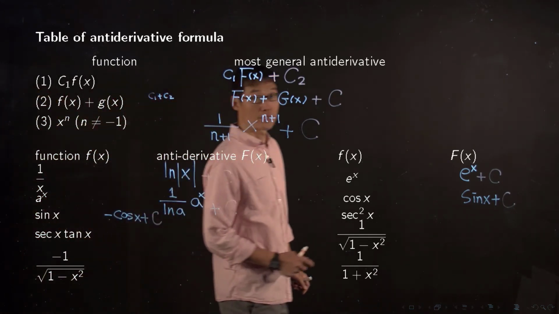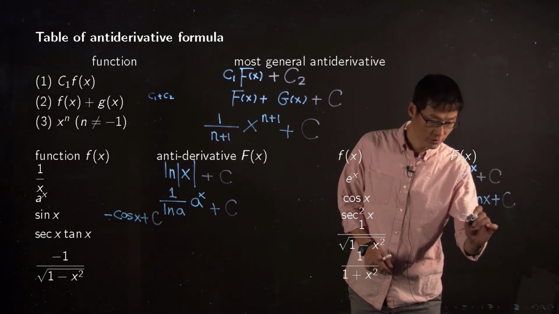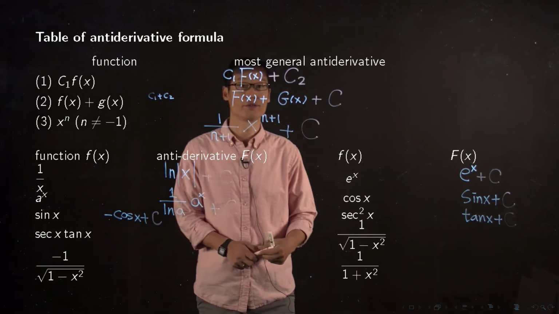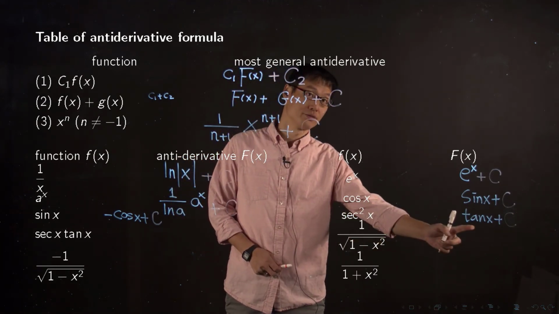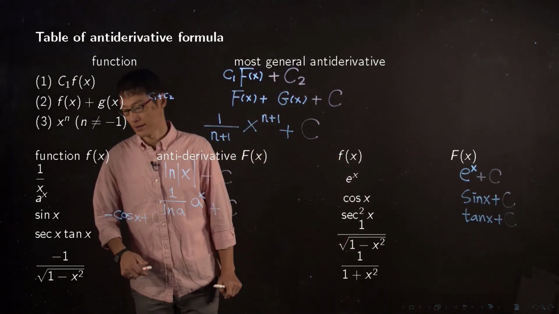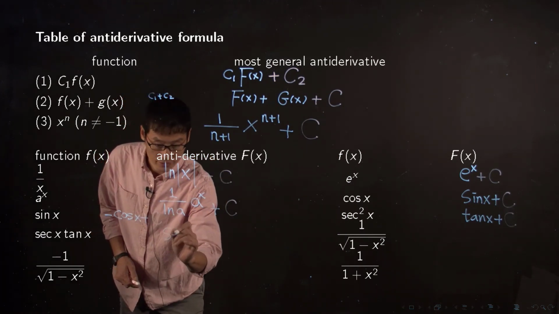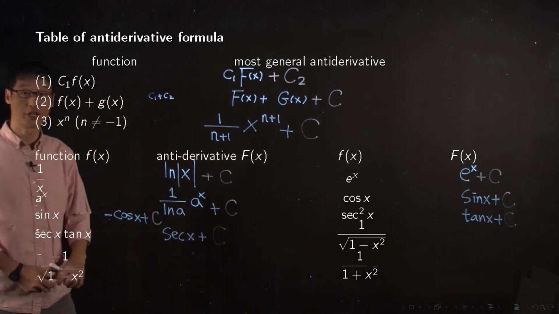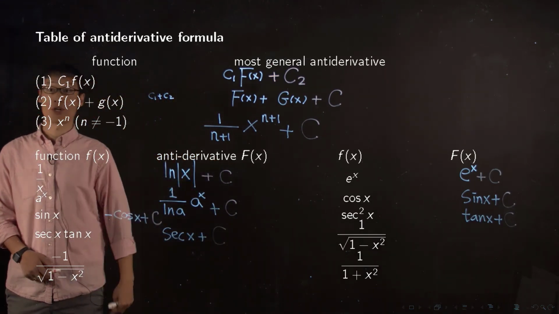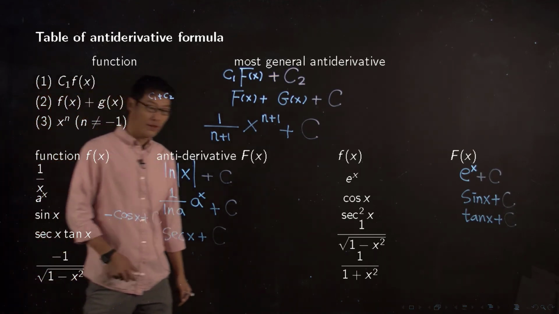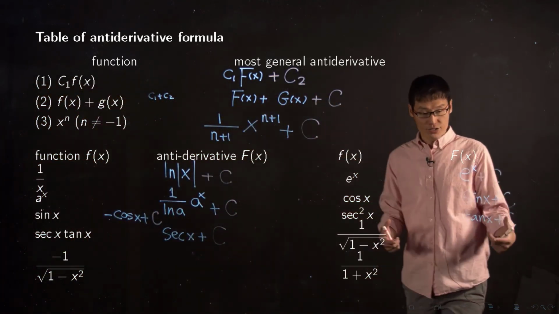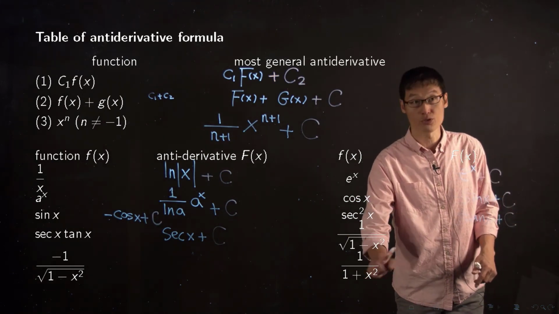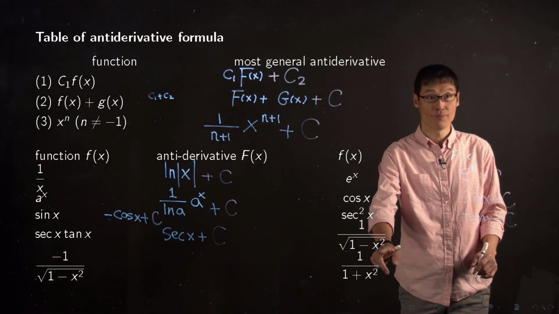And then derivative of tangent is secant squared. So we have an antiderivative for this function. And then secant has derivative secant tangent. That's why this is the most general antiderivative. For arcsine, arccosine, arctangent, we got those expressions. This is from arcsine.